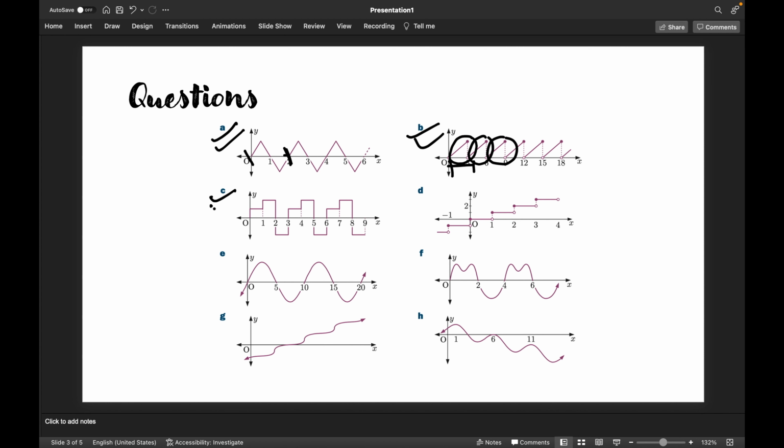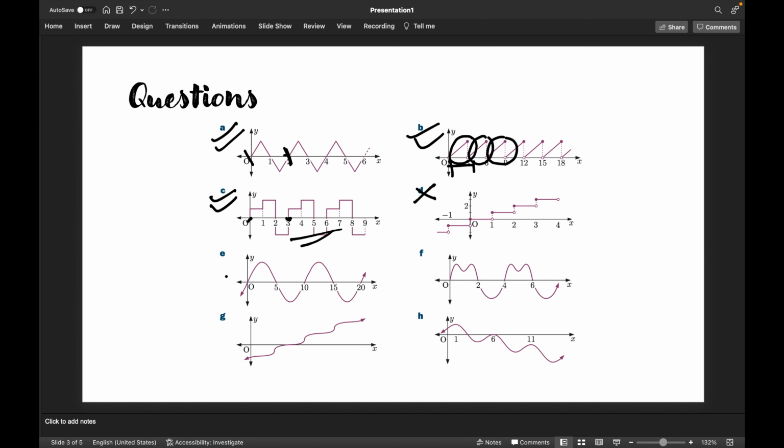And then C is also a periodic function because if you look from 0 to 3, the same pattern can be noticed even here. So that's why this is a periodic function. This is not. As you can clearly tell by this, it's not a periodic function.